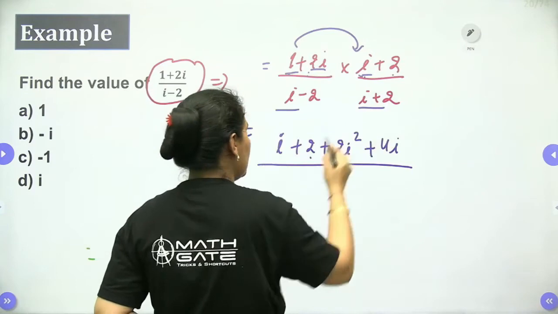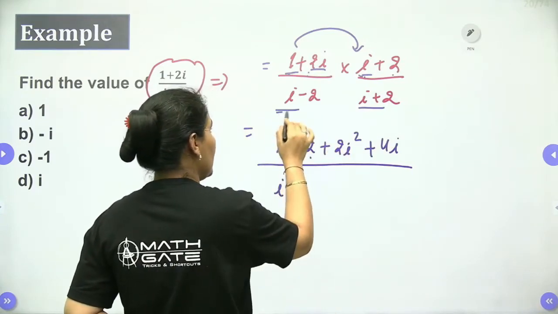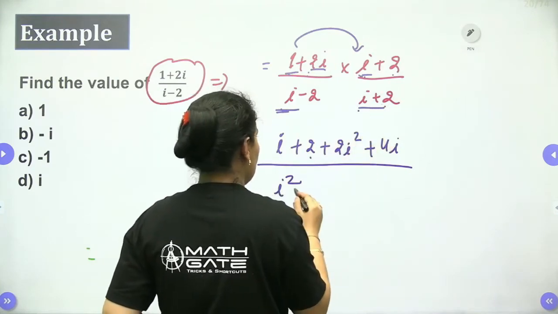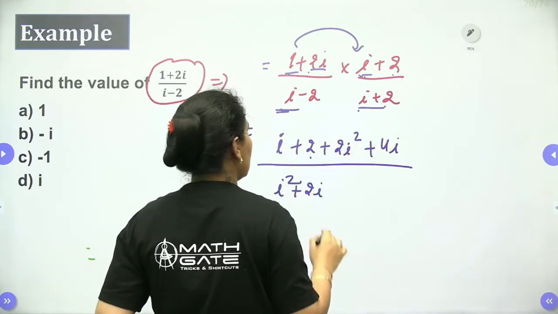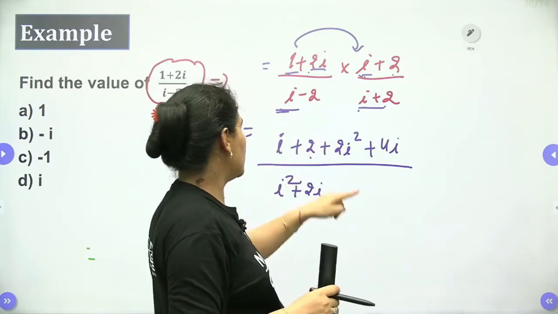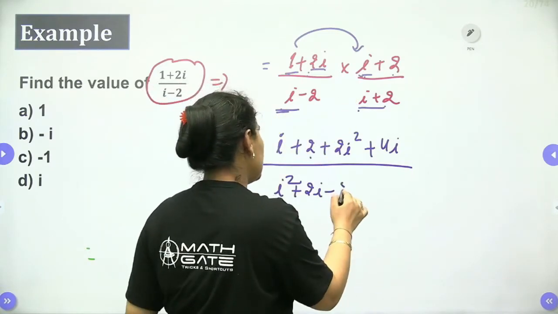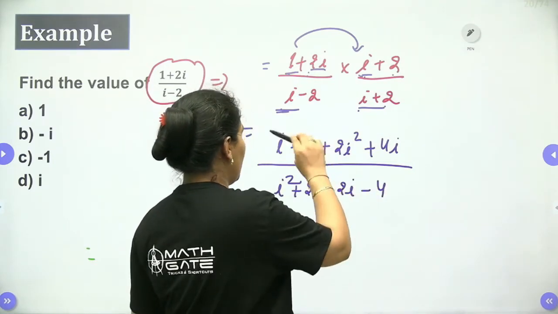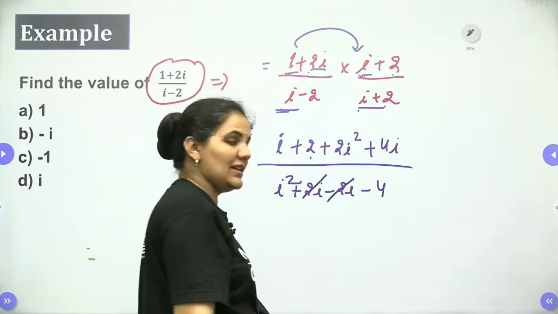When we approach from here, it will be iota square, iota minus 2 and iota plus 2 iota square. You can see iota square plus 2 iota minus 2 iota and minus 4 you will have. So plus 2 iota and minus 2 iota will be cancelled out, guys.